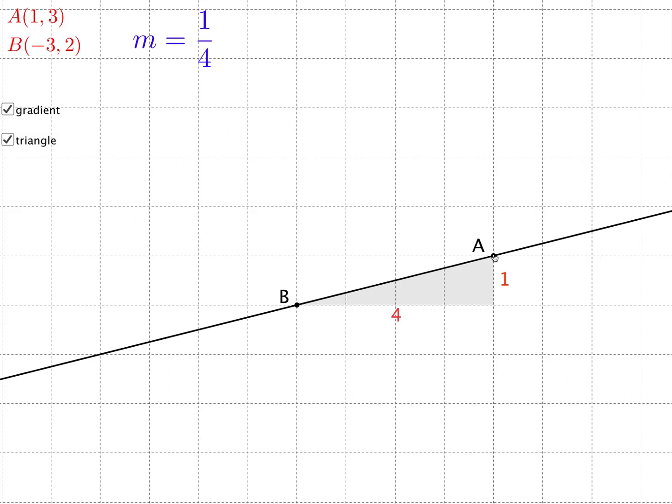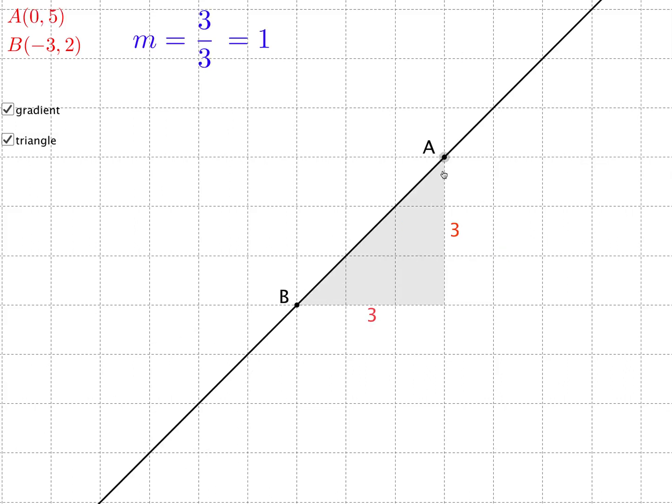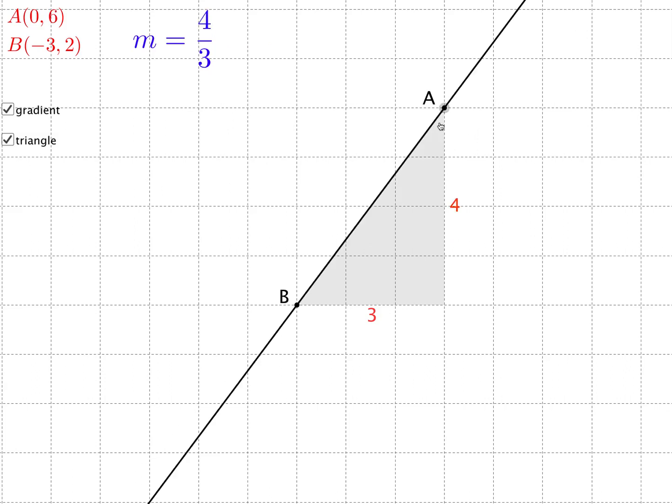So any fraction less than 1 is less than 45-degree angle to the horizontal. When it's over 1, like here it's 4 over 3, then it's greater than a 45-degree angle to the horizontal.